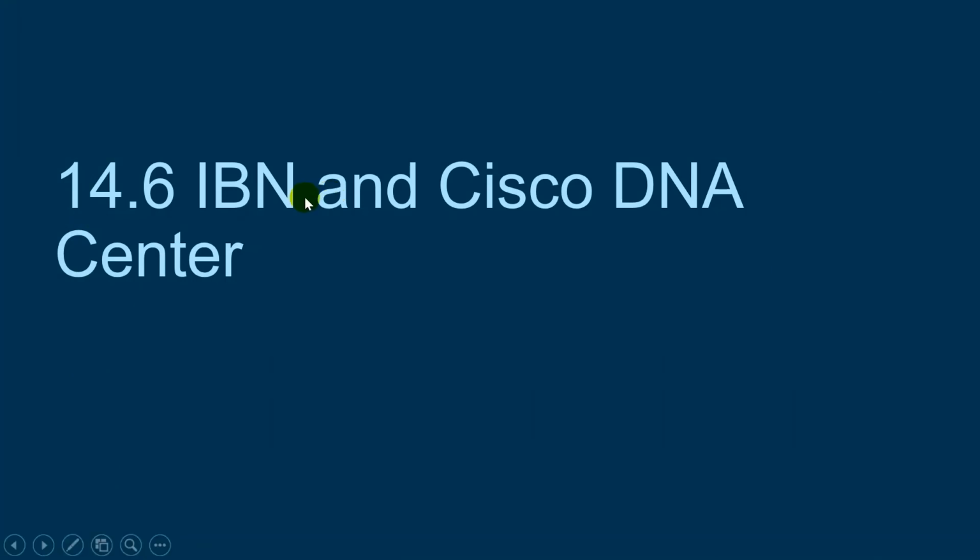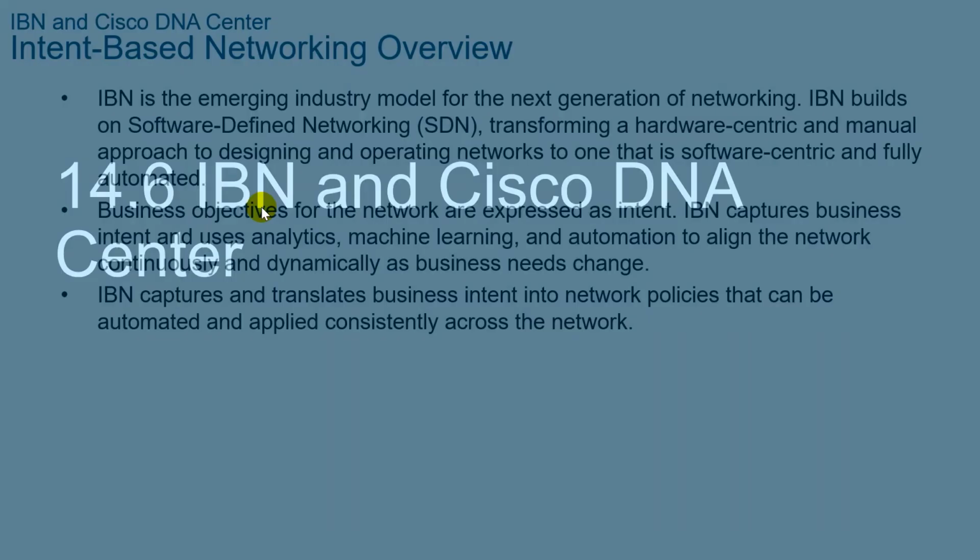Now let's talk about IBN and the Cisco DNA Center. You have learned of the many tools and software that can help you automate your network. Intent-based networking, or IBN, and the Cisco Digital Network Architecture, or DNA Center, can help you bring it all together to create an automated network.